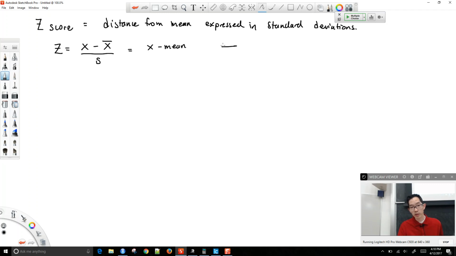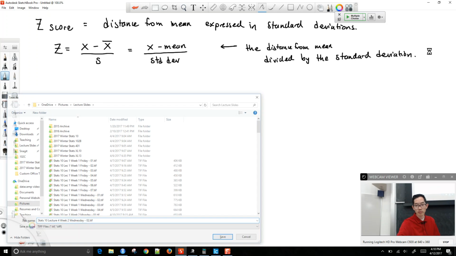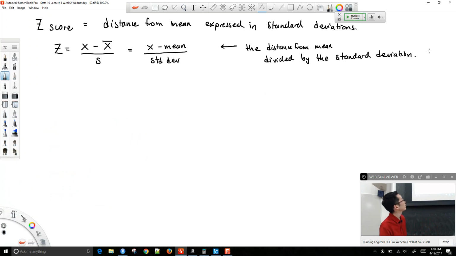This numerator, x minus mean, is the distance from the mean. But then we take that distance and we divide by the standard deviation. That would be our z-score. That's how we find z-scores.